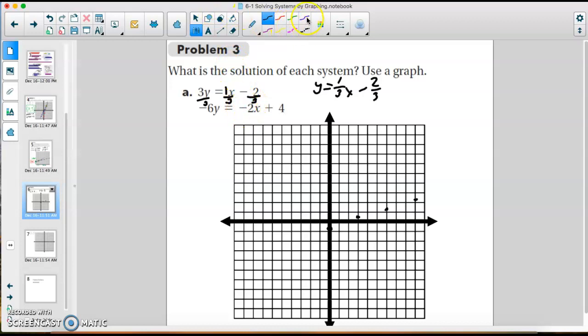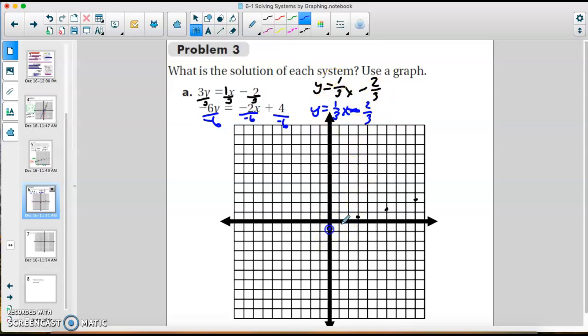Now this one, we need to divide by negative 6 to get y by itself. So we get y equals negative 2 divided by negative 6, that's just 1/3 x, minus 2/3. Oh, interesting. These are the same exact equation, aren't they?